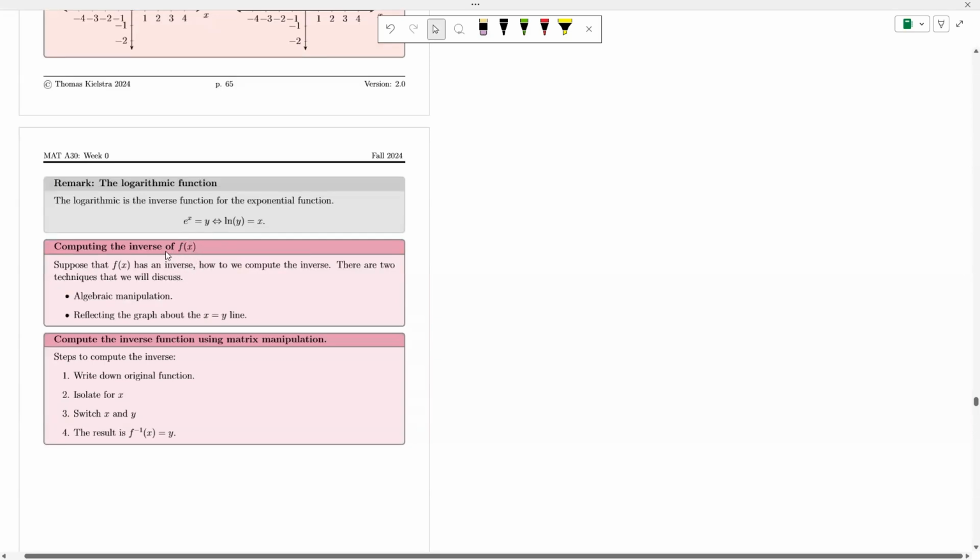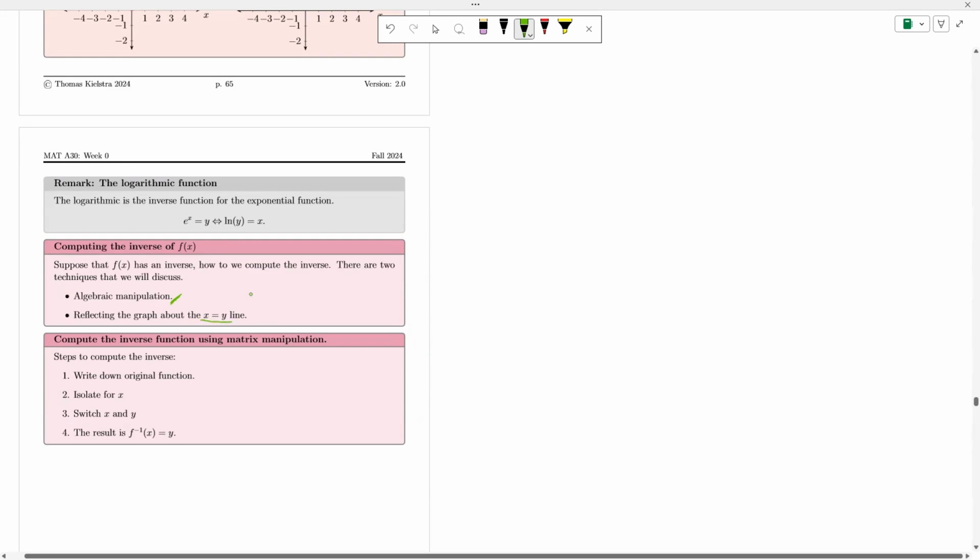Now, how do we compute the inverses? So suppose it has an inverse. There are two techniques that we will discuss. One, algebraic manipulation, and two, reflecting the graph about the x equals y line.